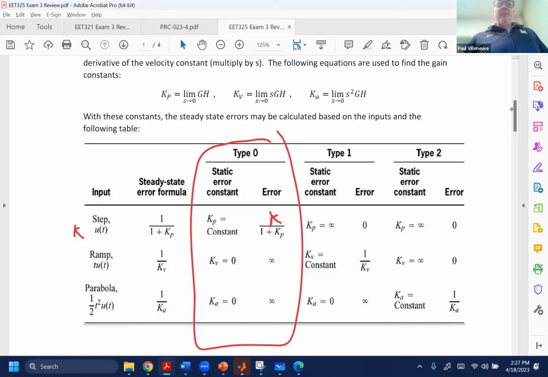Let's see if I can change the pen color. Where is it? Usually I can see that. Here's my edit. It looks a little bit different.